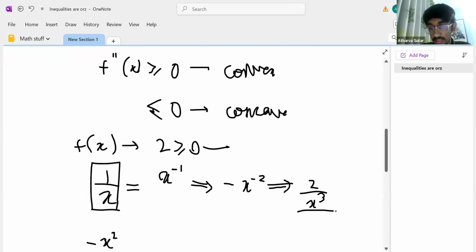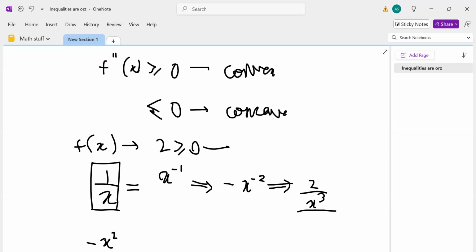The double derivative gives us this, but it is positive only if x is positive. So this function is convex only for x greater than 0. Do you get my point? Basically, after 0, the graph will always be convex.